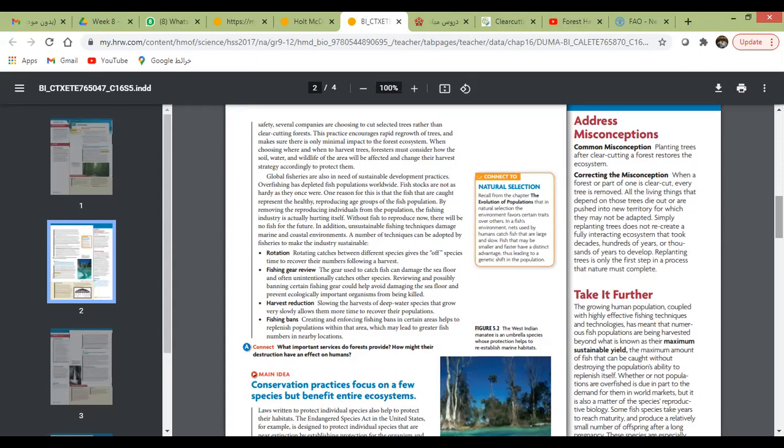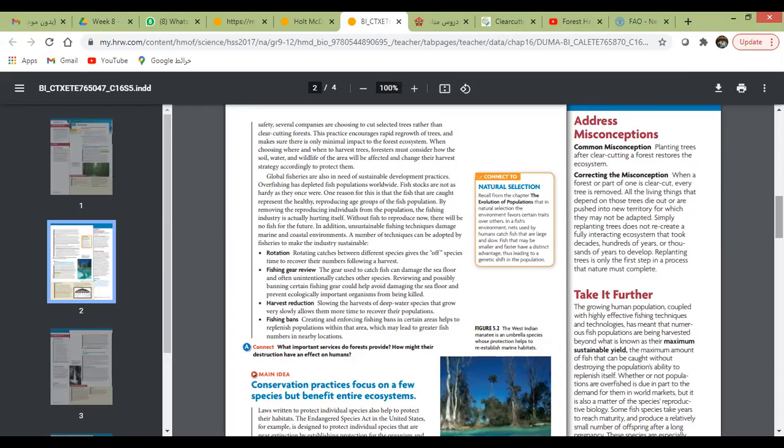They select the trees that can regrow faster. For example, one tree takes hundreds of years to regrow, but other, smaller trees can regrow quicker. So they practice choosing to cut selected trees rather than clear cutting forests.